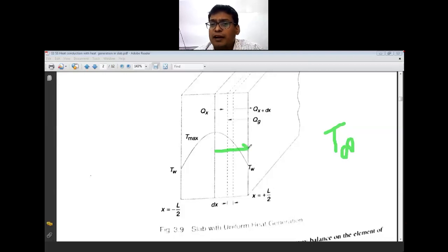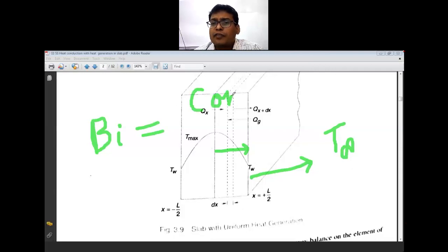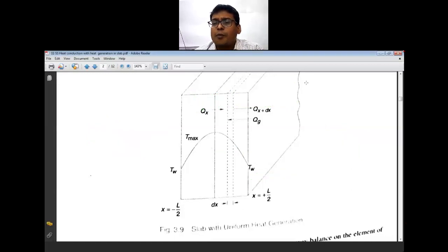Inside, the heat transfer is by conduction, and from this wall to the surrounding, that is by convection. So Biot number is a ratio of heat transfer by convection upon the heat transfer by conduction.